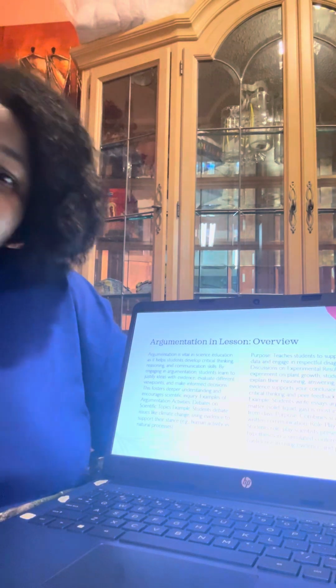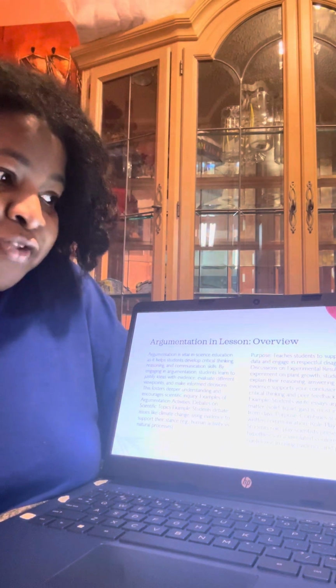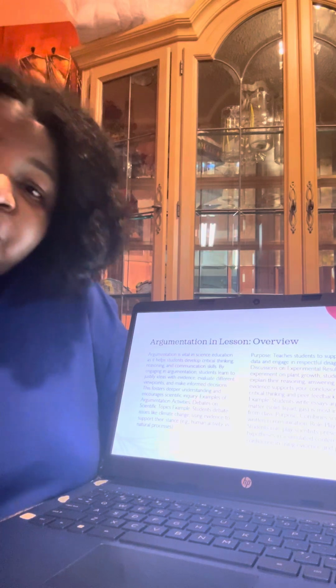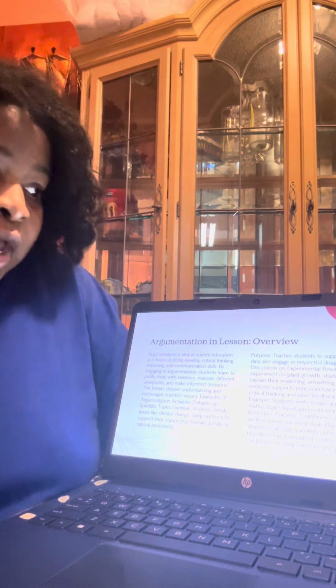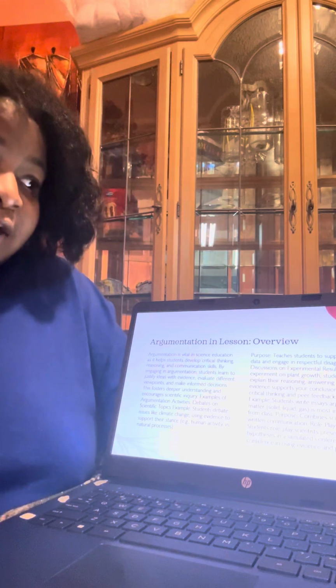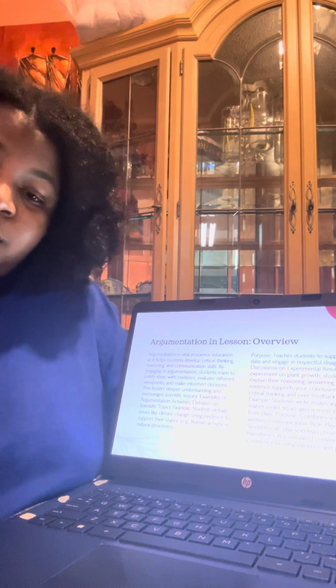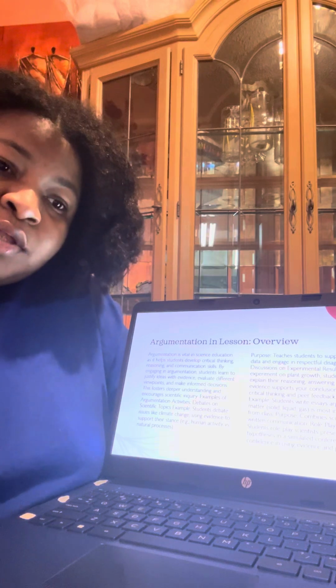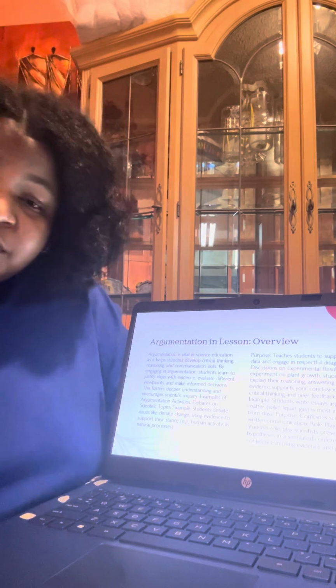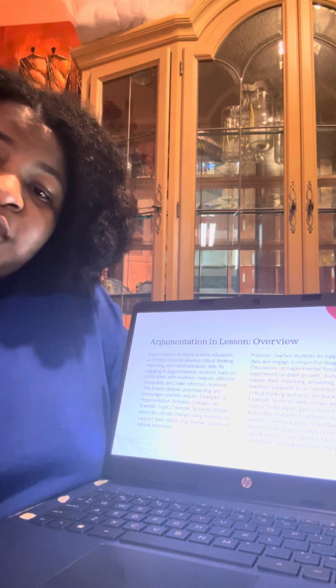So the purpose of argumentation is to teach students to support their arguments with data, engagement, and respectful disagreement. Classroom discussions are one of the greatest things we can do as teachers to help students build their ideas without differences. There are always going to be differences, but we handle them in a safe and clean manner.